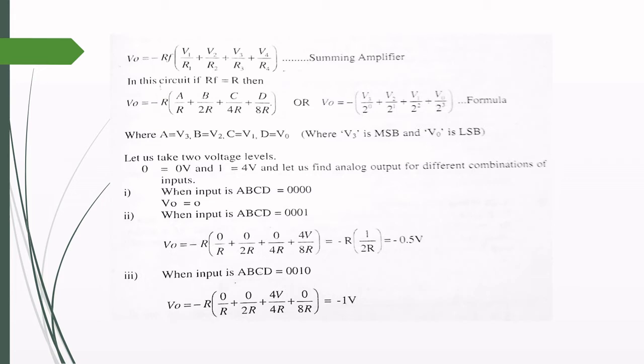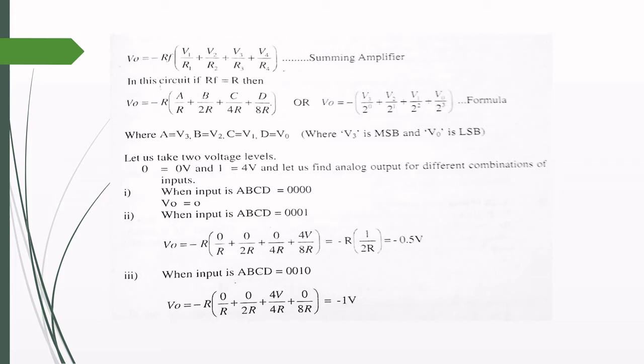So we will take the first example when input is 0, 0, 0, 0. That means when A, B, C, D all are 0, then VO is equal to 0. When input is 0, 0, 0, 1, then VO is equal to minus R times the bracket 0 divided by R plus 0 divided by 2R plus 0 divided by 4R plus 4 volt divided by 8R.